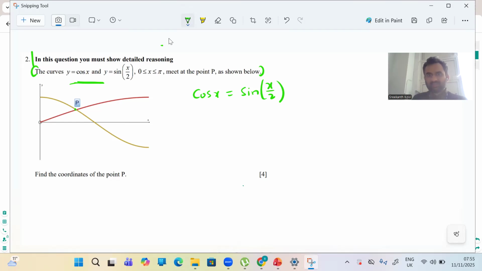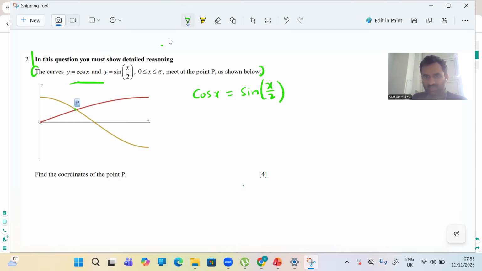Now, what formulas need to be applied is the biggest thing you need to identify. Whenever you see one of the angles is double the other angle, it doesn't need to be like x and 2x. As long as one angle is double the other angle, in other words, if the second angle is half of the first angle, then we use double angle formulas.